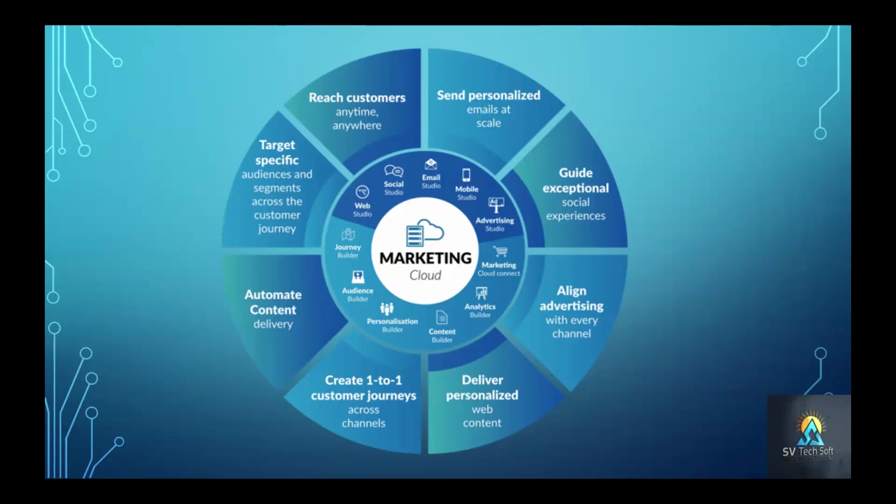The whole process we can do with the Marketing Cloud, and also with data-driven marketing. As I mentioned, you can target customers at any time from anywhere, whether by email, push notification from mobile channels, social, or the web. You can target the audience in different ways.